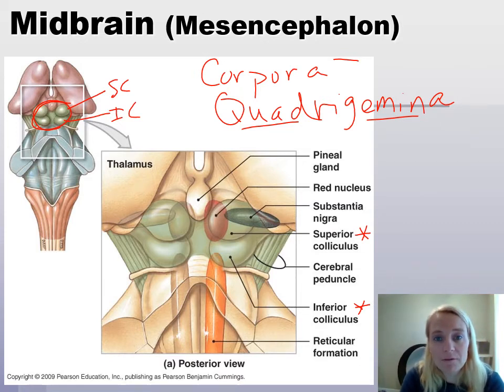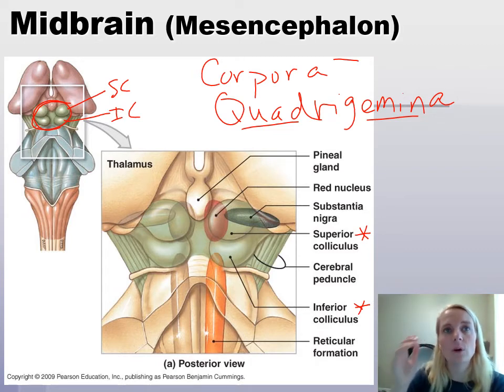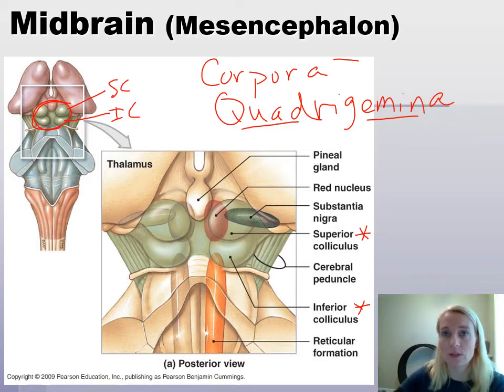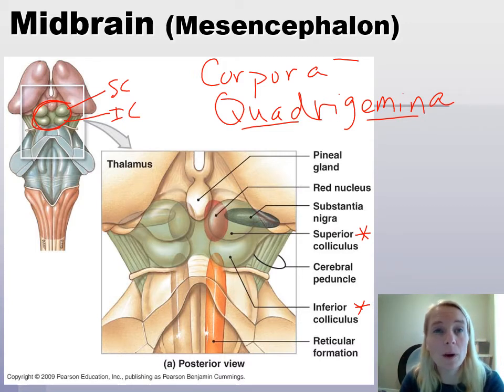The superior colliculus has its own function, and it is responsible for visual reflexes. We just got done talking about reflexes in chapter 13. If you have ever had to flinch because something was flying at your face, the superior colliculus had a role in that flinching action, right? You see this visual stimuli and you don't have time to think about what it is.